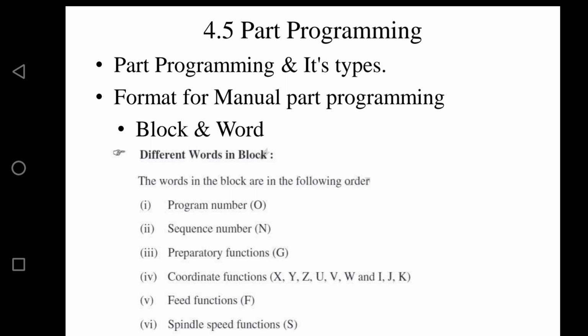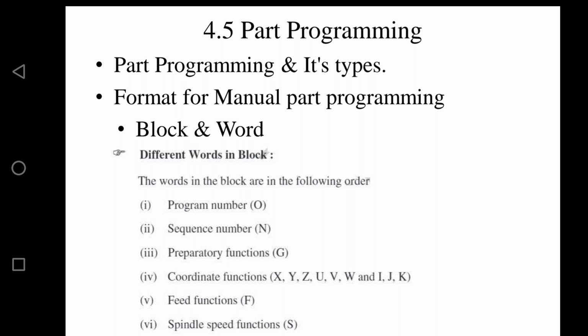So, program number 4-digit, sequence number 3-digit, preparatory function 2-digit. A 2-digit number prefixed by the letter G indicates a predefined function, which is why the preparatory function is very important.